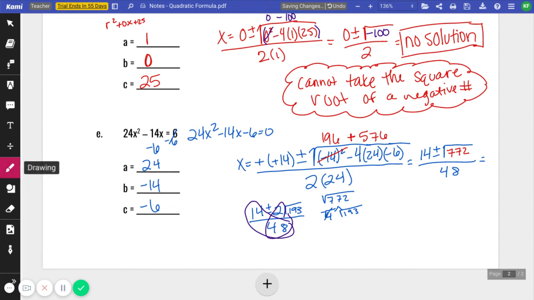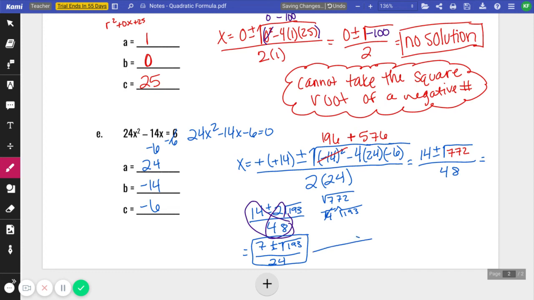So the furthest we can simplify this solution is to divide each of those numbers by 2, which gives us 7 plus or minus 2 divided by 2 is 1, so we don't need that coefficient there, but it would be the square root of 193 all over 24. So those are your 2 solutions for this one.